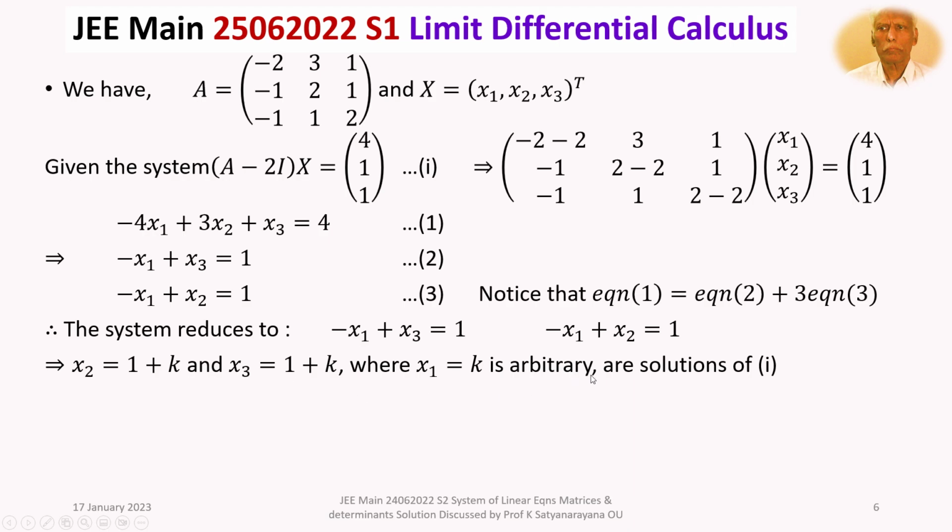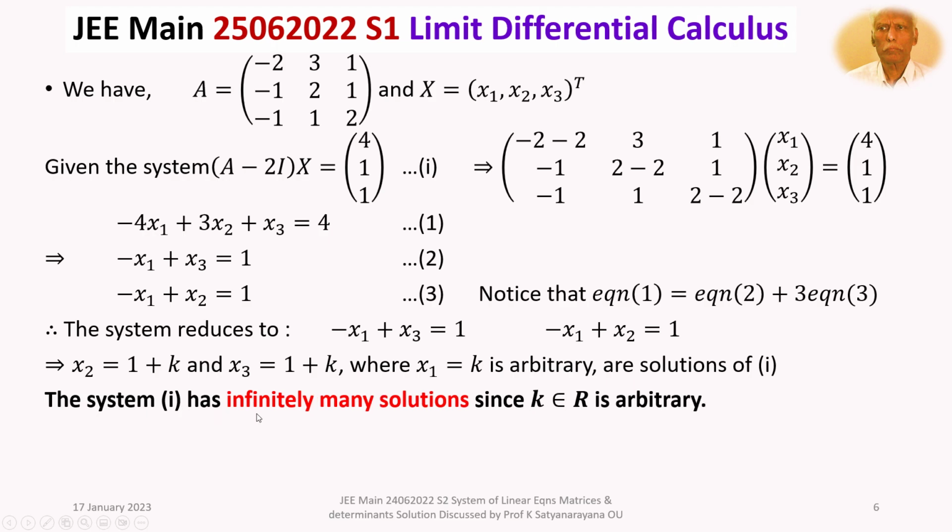As k is arbitrary, it can take any value, so we'll get infinitely many solutions. The system has infinitely many solutions because k belongs to R is arbitrary. Therefore, we'll get infinitely many solutions for A minus 2I X equal to the column vector 4, 1, 1.